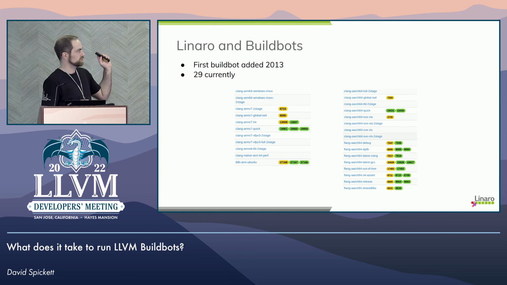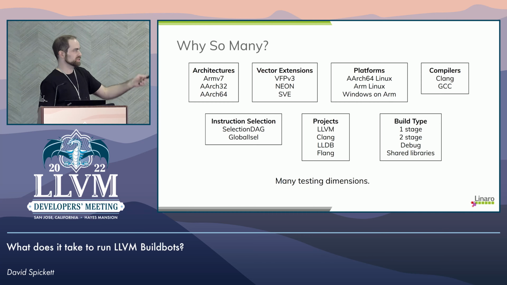And so Linaro contributed a bunch of these bots. We started with a 32-bit ARM Chromebook back in 2013, and now we have 29 different bots. Not going to go into that list, but I'm going to explain why there are so many. If you're not familiar with ARM, it doesn't matter. The bold text is the point here. Each one of these is a dimension of the quality aspects that we care about for LLVM and ARM.